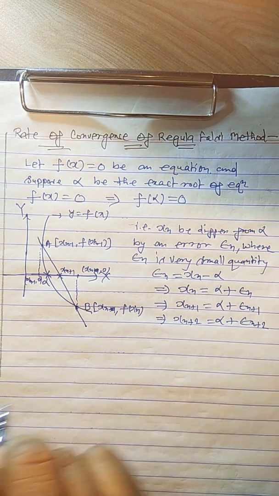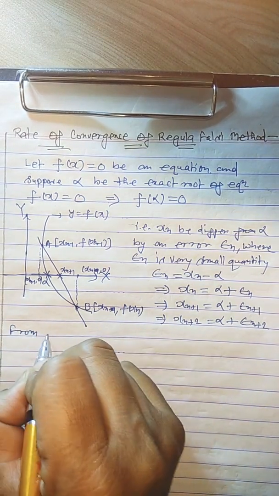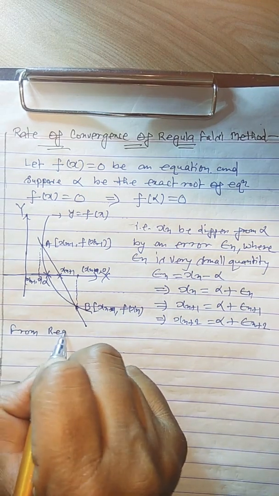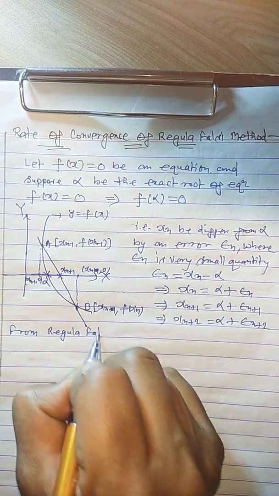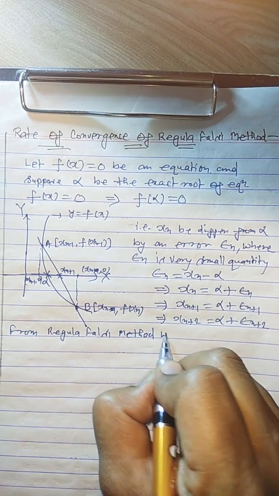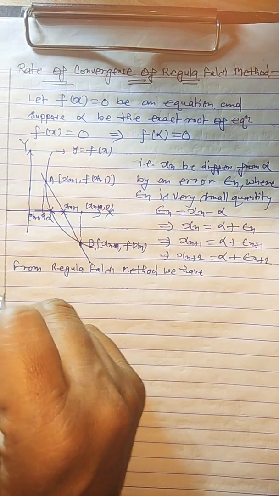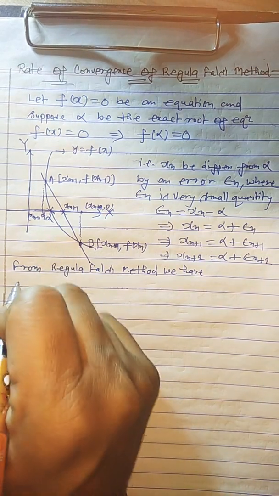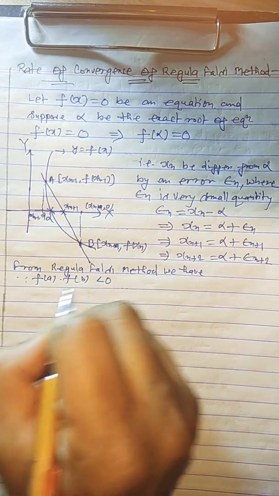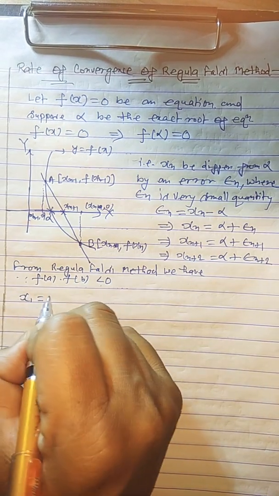Now from the method of false position or Regula-Falsi formula, suppose f(a) into f(b) is less than 0, meaning the root lies between a and b, then the first approximated root we can calculate by the formula.